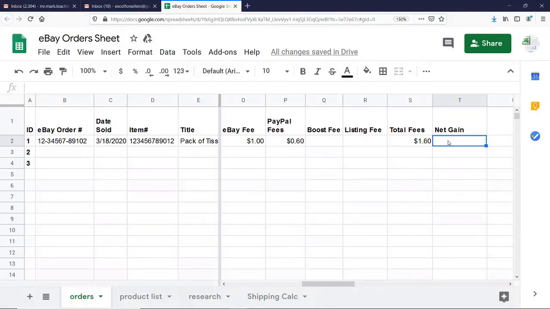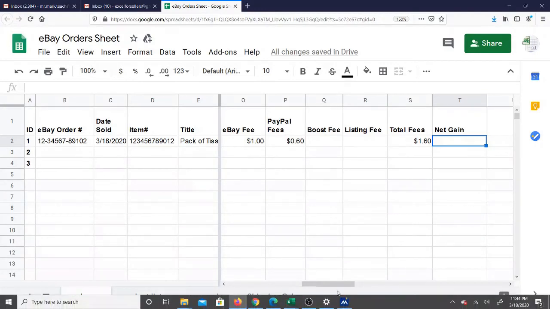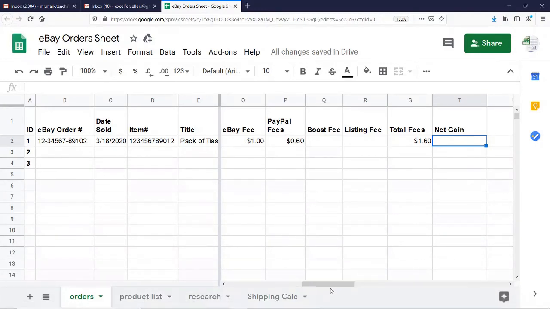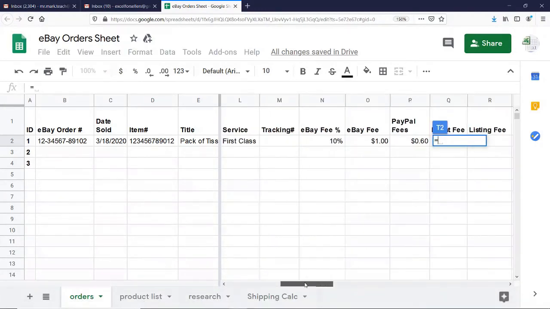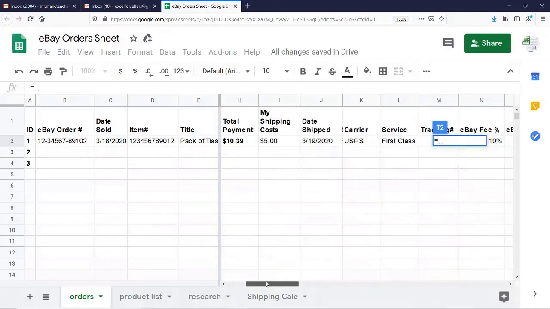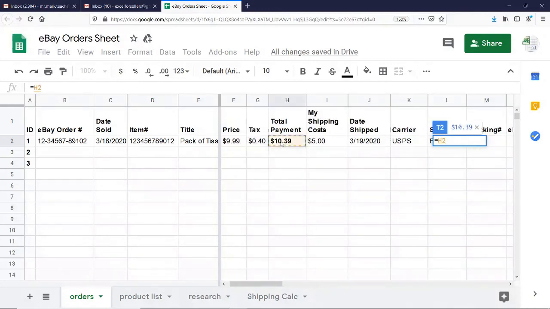So then you have the net gain. And by net gain, I mean if you take the payment and then you subtract all of the costs, what's going to be left, right? So I'm going to do equal the payment. Starting with the total payment minus, actually, sorry, not this payment, the price.